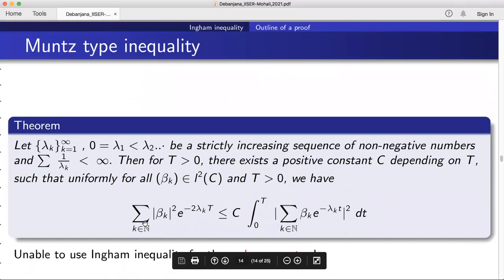So okay, so far we are talking about the exponential of the form e to the power i omega_k t, where omega_k is real.